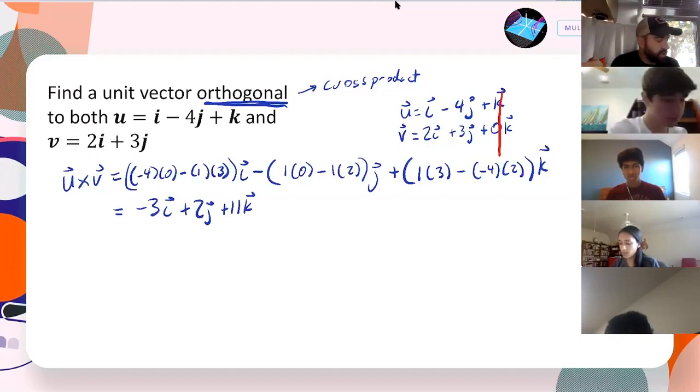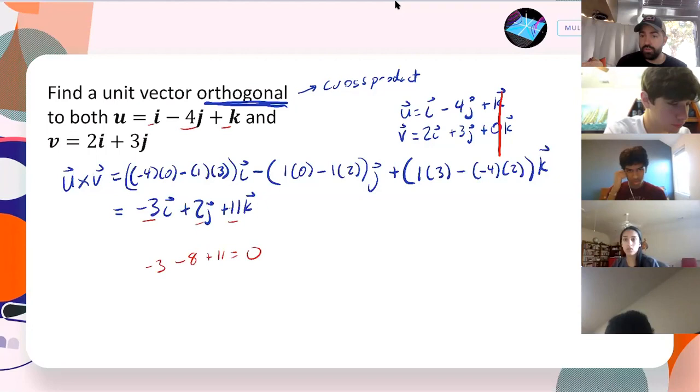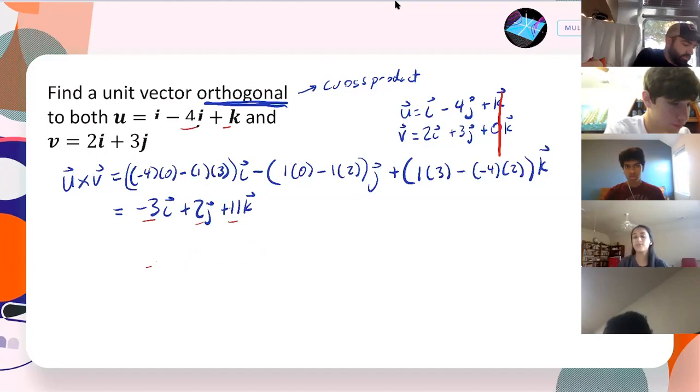If you want to double check, a dot product is easy. So if we were to dot these vectors together, I have -3 times 1, I have 2 times -4, and then I have 11 times 1, and I get 0, which is what I want, right? If I quickly looked at a dot product, I'm going to get 0 with u.